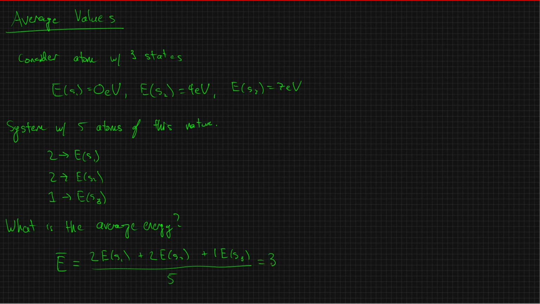That would get us the correct answer, which is 3 electron volts. Alternatively, you could do the exact same math, but think of this as 2/5 E of S1 plus 2/5 E of S2 plus 1/5 E of S3. You get the exact same answer, obviously, because all you're doing is distributing the 5.